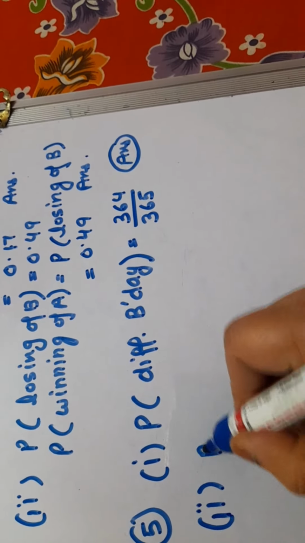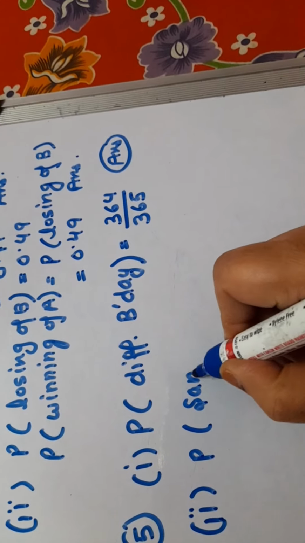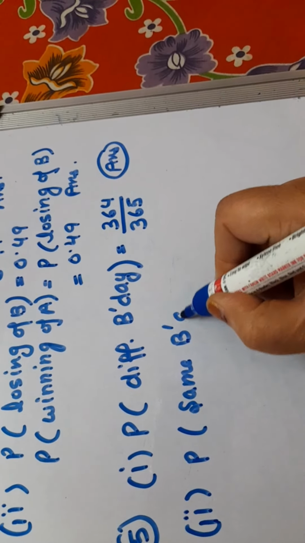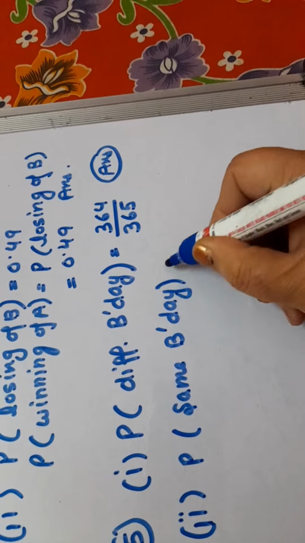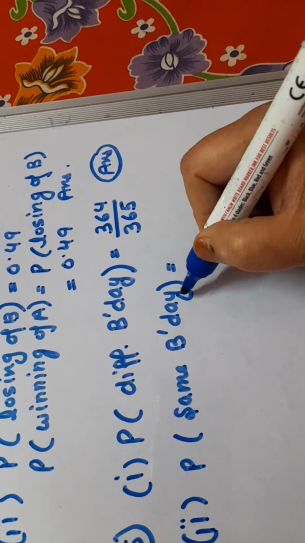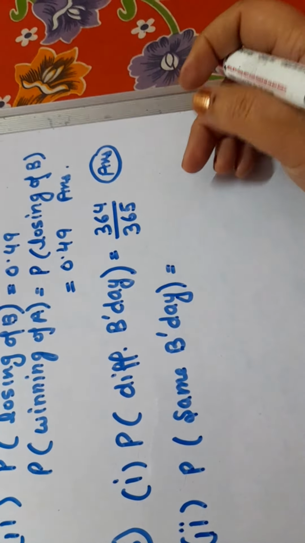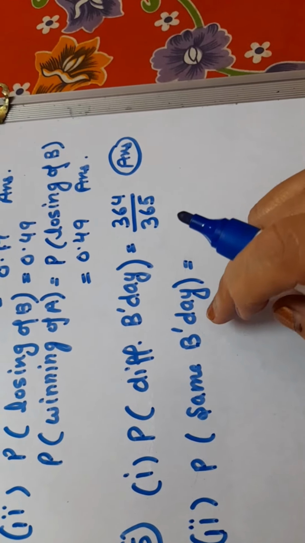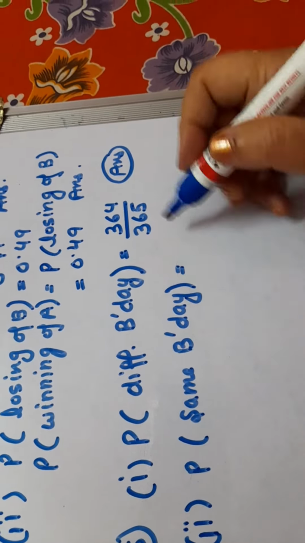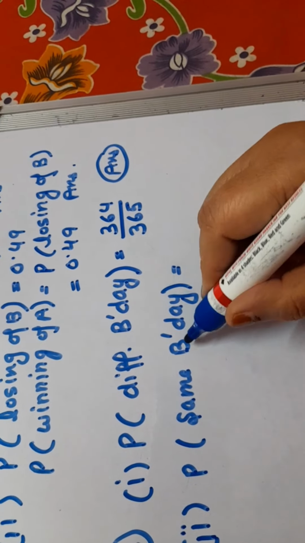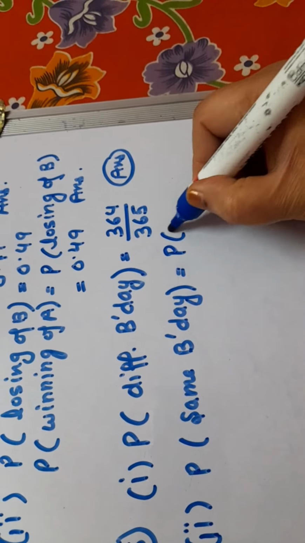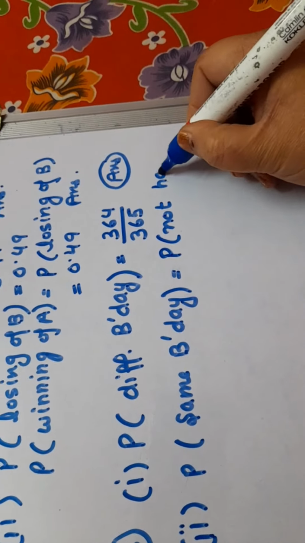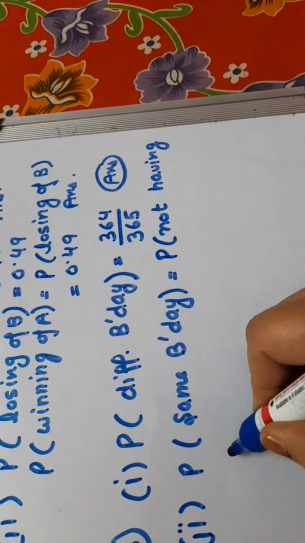Second part is find the probability that they are having same birthday. So having different birthday and same birthday, these are the complementary events. So अगर किसी चीज़ के होने की probability पता है तो probability of ना होने की होगी 1 में से माइनस करके. So probability of same birthday means probability of not having different birthday.